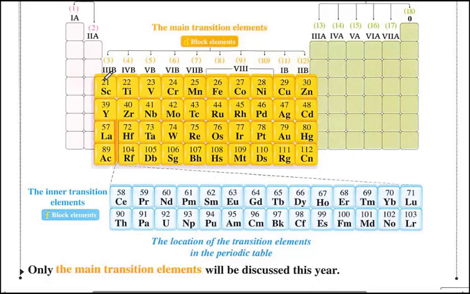We have to memorize this sequence of the main transition elements of the first transition group. It is very important for us to make the electronic distribution, to find the oxidation numbers, to know the magnetic properties and other properties which are a result of the electron distribution.